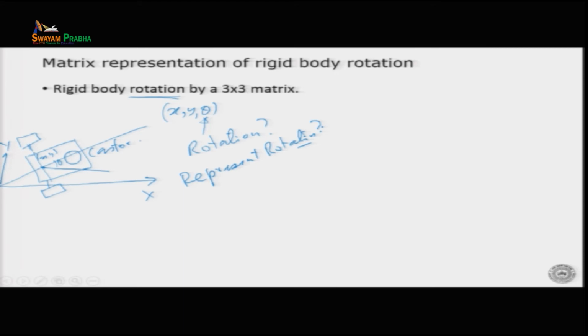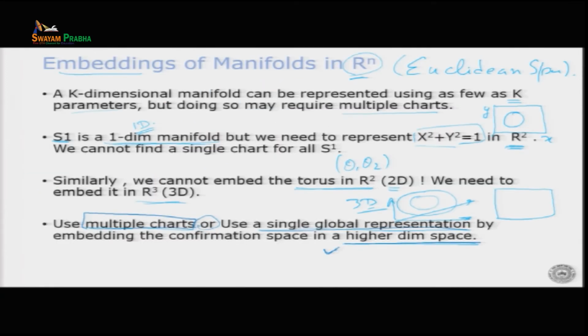We have a 3 dimensional space, but I cannot represent x, y and theta in 3 dimensional space. So, I go to a higher dimensional space, and here we are representing rotations by means of a 3 by 3 matrix. This is what we explained in the previous slide: we are trying to embed the configuration space in a higher dimensional space.